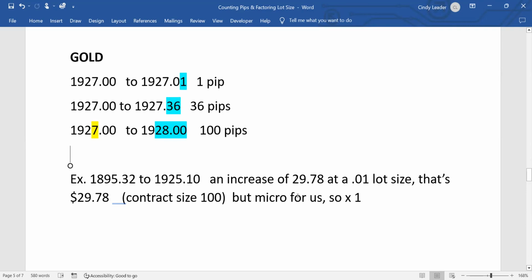1925.10 minus 1895.32 is 29.78. Now this is at a micro lot size of 0.01, which basically means it's 1. When you take the standard contract size and switch it down to a micro, you're just taking off these zeros.